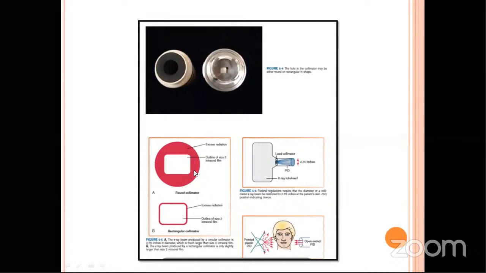So if there is a question like which collimator is best, it is obviously the rectangular type of collimator. Since it can fit the IOPA film, there will be no excess radiation exposed on the skin. The dimension of this is almost 2.5 inches. This is called the position indicating device. This is the tube head and this is the lead collimator.